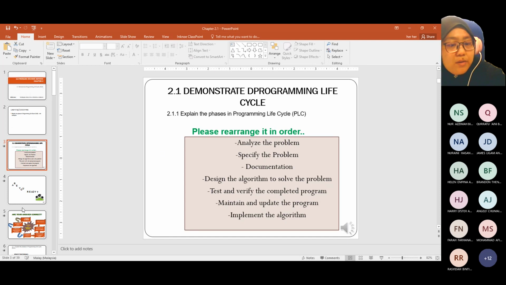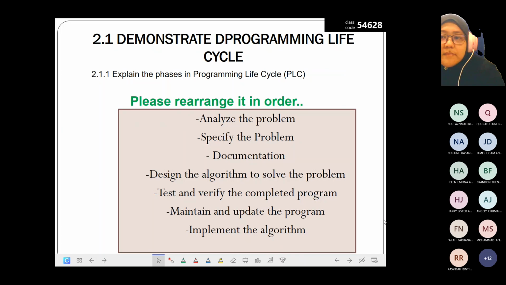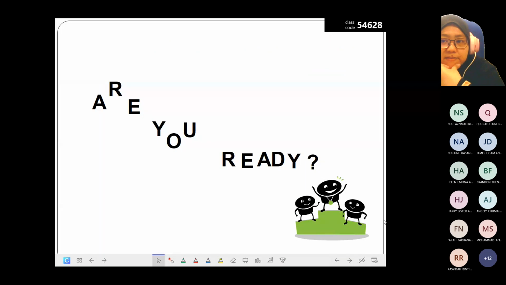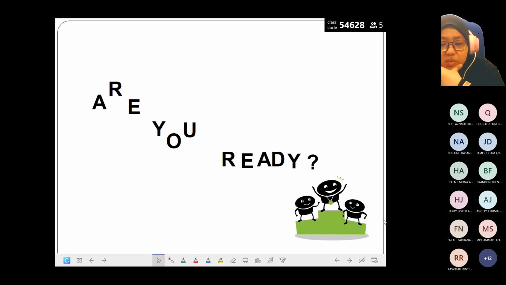So dia punya code ialah 54628. Sudah? Tak ramai boleh masuk lah. Siapa yang boleh join dululah. Siapa yang tak boleh join, tak apa. Kita tunggu dan tengok apa jawapan dia sekejap lagi.